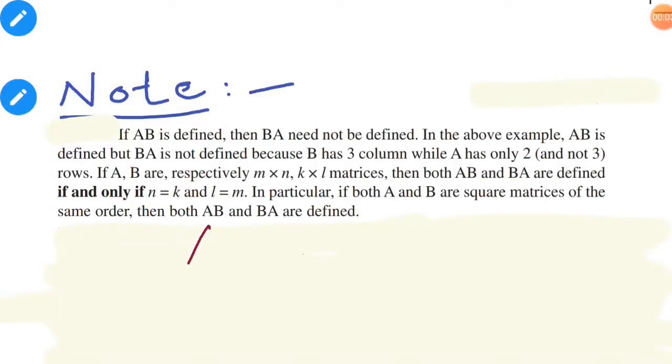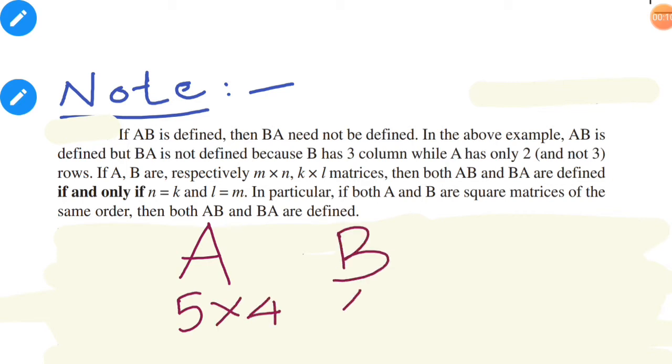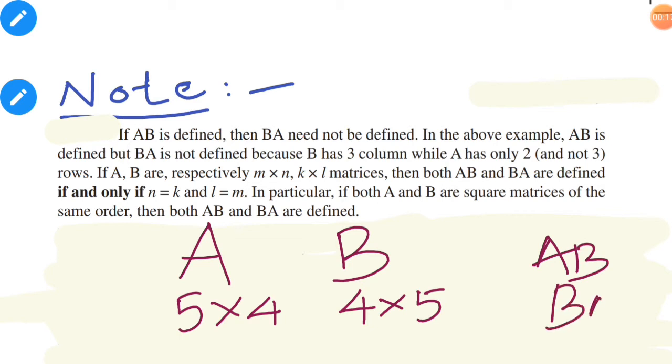Another example, if A is of order 5 by 4 and B is of order 4 by 5, then AB and BA are defined. Here 4 equals 4 and 5 equals 5.